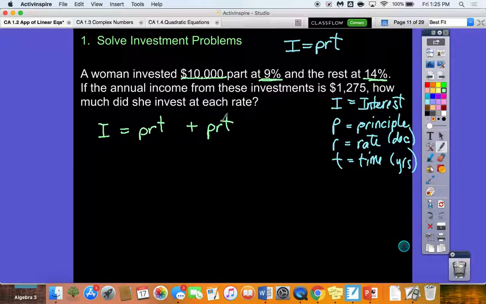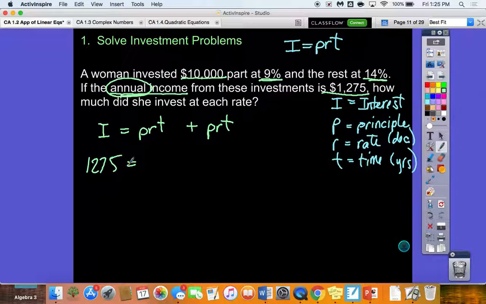So we're going to have to use one for 9% and one for 14%. That's a given. Now it does say that her annual income, so this implies we have 1 year, which means the T's are really ineffectual. We're not going to put anything in for T because it would be a 1, and it has no effect. It does say the annual income from these investments is $1,275. That would be your interest.